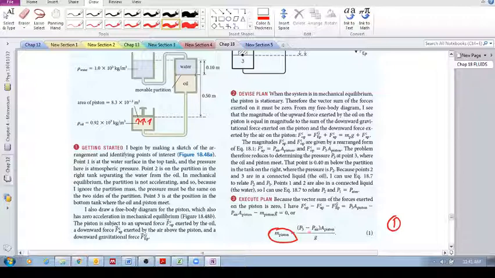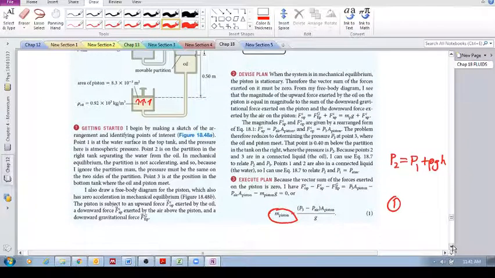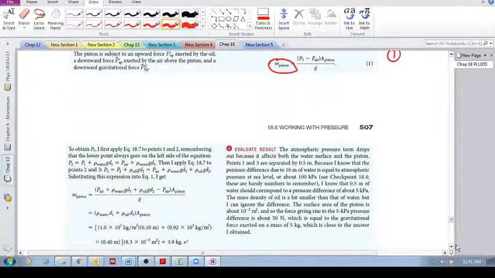We need to find the pressure there in the oil. And so the way that we do it is we relate this pressure back to a higher point using these equations. Recall, the pressure at a deeper point is equal to the pressure at a higher point plus rho g h. Let's try to use that and see where we get from it.